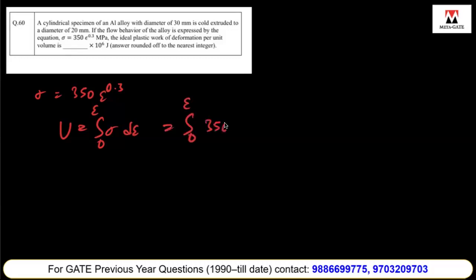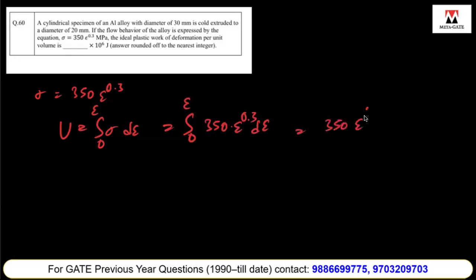A cylindrical specimen of aluminum with a diameter of 30 mm is cold extruded to a diameter of 20 mm. If the flow behavior of the alloy is expressed by the equation sigma is equal to 350 epsilon power 0.3 MPa, find the ideal plastic work of deformation per unit volume. So you know U is equal to integral of sigma d epsilon. So it is 0 to epsilon, 350 into epsilon power 0.3 d epsilon.